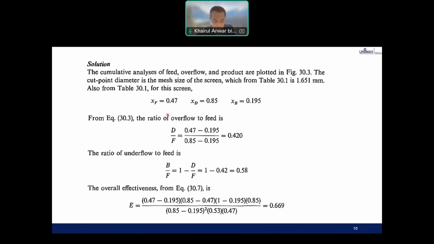So for mesh 10, the cumulative fraction smaller than the DP.